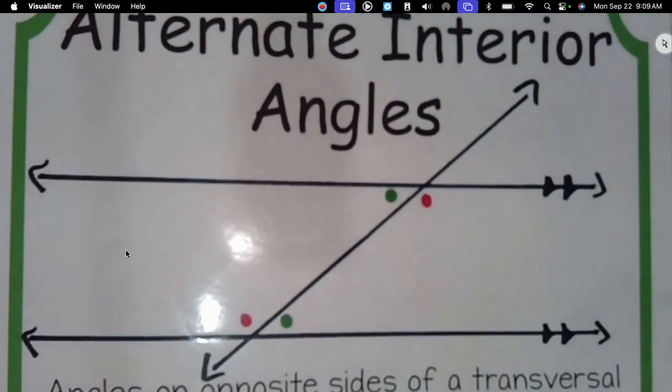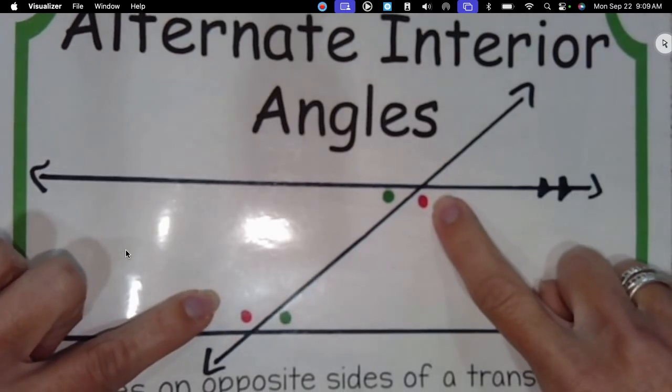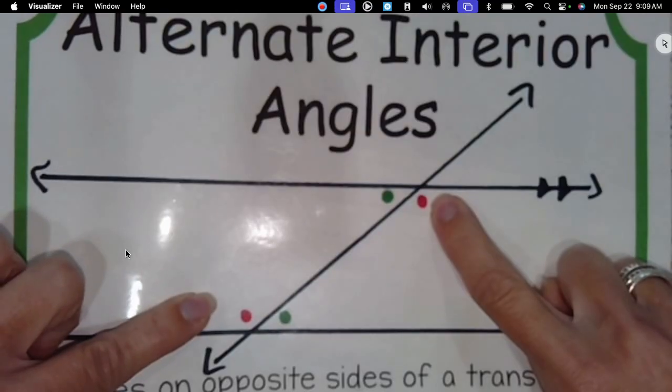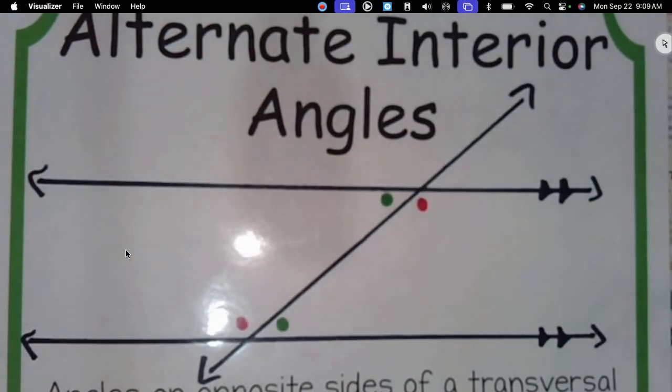Alternate interior angles. Does everybody see that the pink dots are on alternate sides? Do y'all know what alternate means? It's kind of like they're opposite. So the pink or red, whatever color this is, they're on opposite sides. These are called alternate interior angles because they're also on the inside, and so are the green ones. You have to know this.